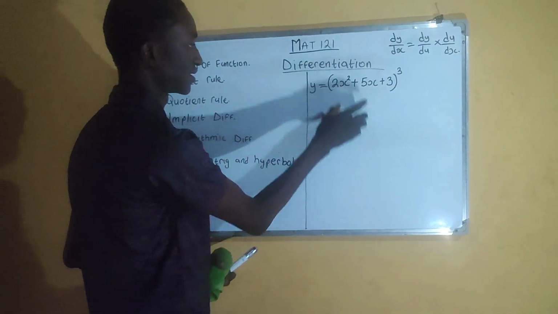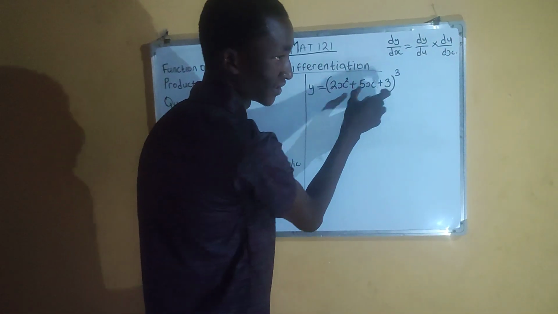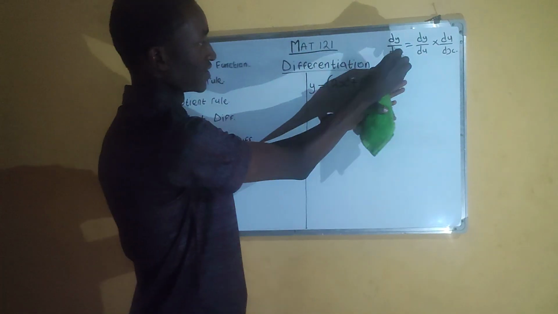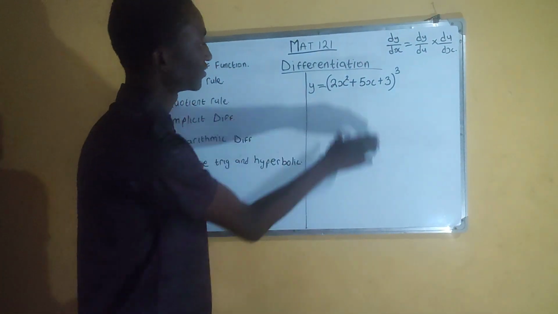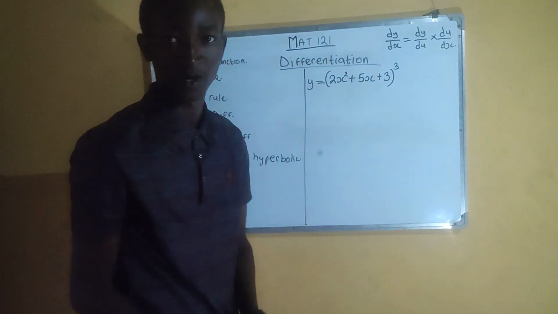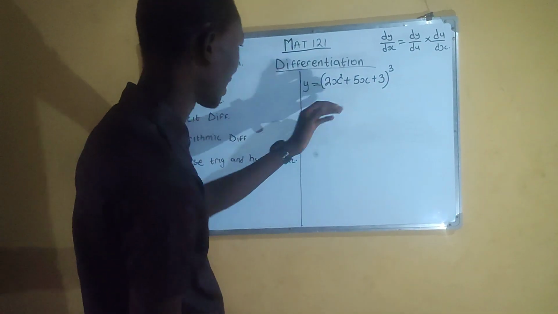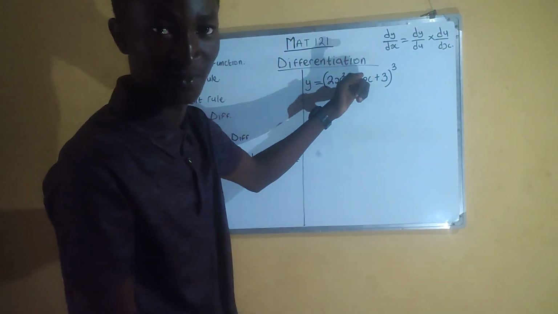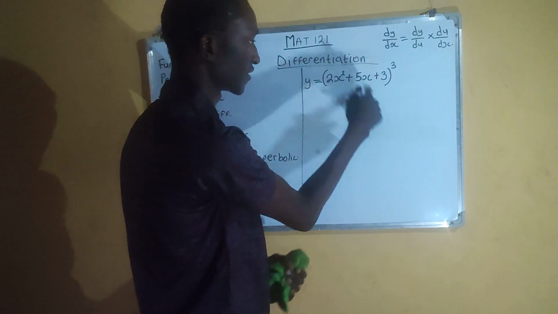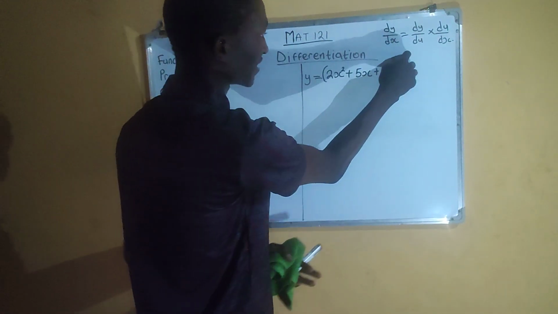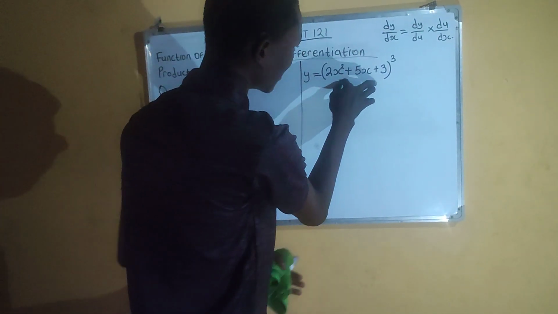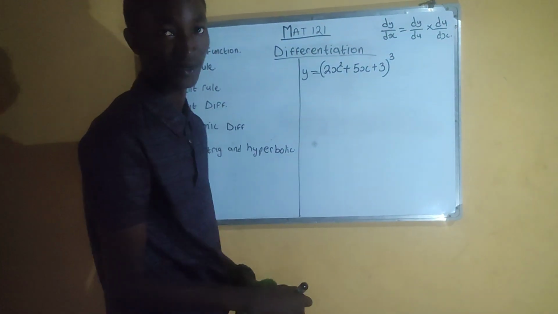And the short method is that differentiate what is inside here, multiply it by this power, and rewrite this, subtract this power by 1. If you don't get what I said very well, I said differentiate what is inside this place. Whatever function you have been given, differentiate it, write it, multiply it by this power, then rewrite this and put the power minus 1.